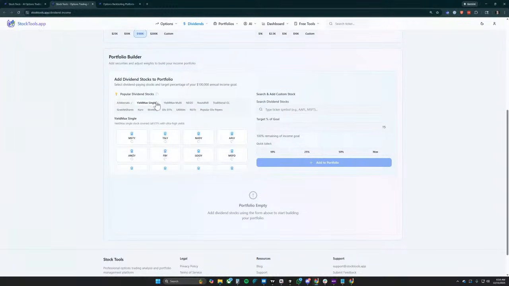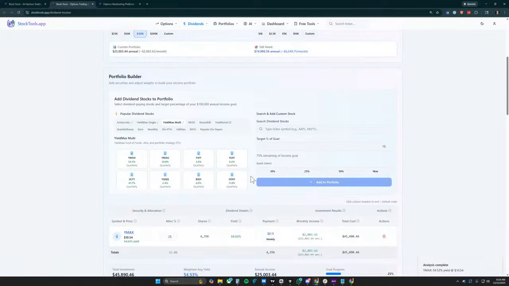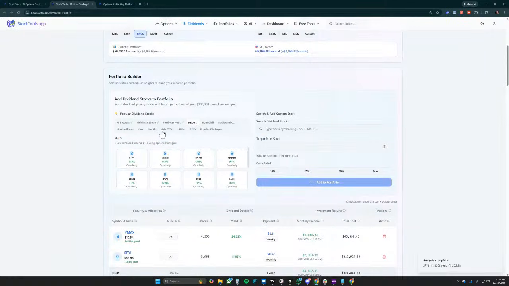I have a bunch of different groups here just to easily add them, right? So if you have YieldMax and you say, I want 25% of that, we can add that to the portfolio. We'll go into Neos and we'll say we have some SPY, another 25%, and there are some granted shares in here.